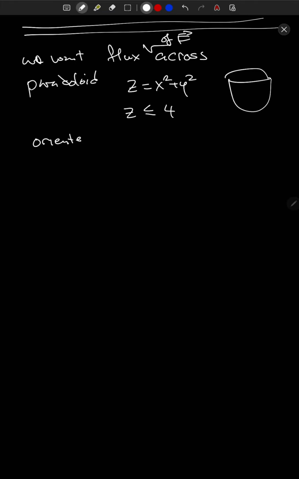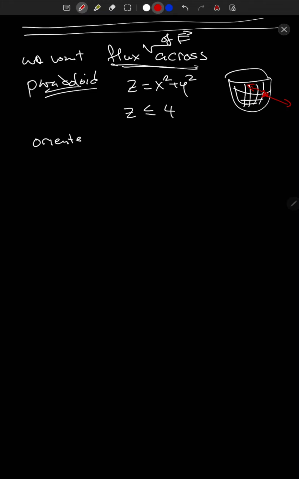So here we're going to have to give an orientation, because the problem is just that we want the flux across the surface of the paraboloid. This is not a closed surface, right? Because this is just this part of the paraboloid without the cap, all right? So here we're going to have to explicitly say what orientation. Do we want the normal to be pointing here, or do we want the normal to be pointing in the opposite direction?